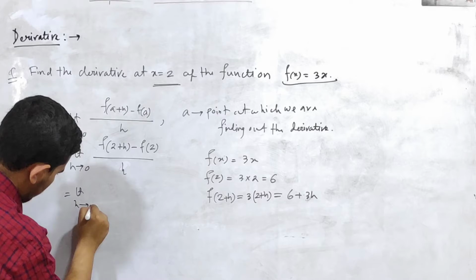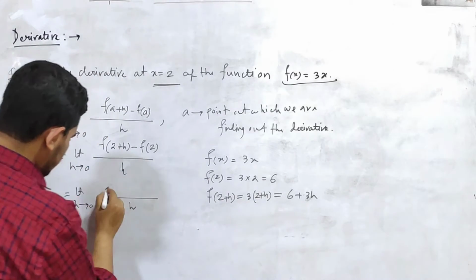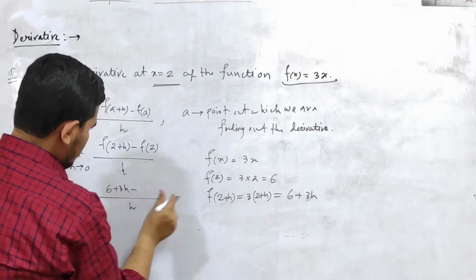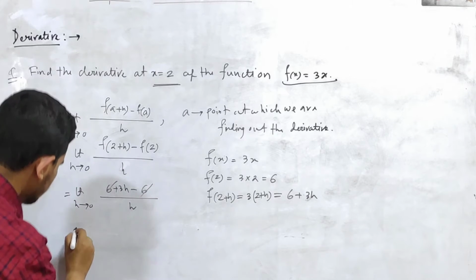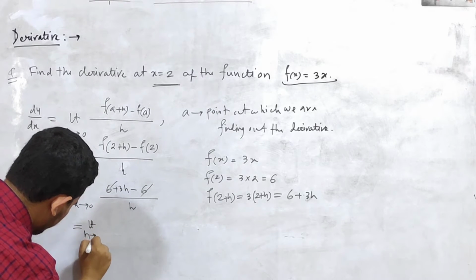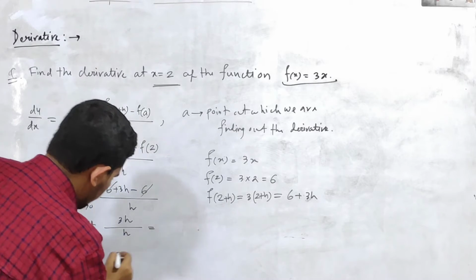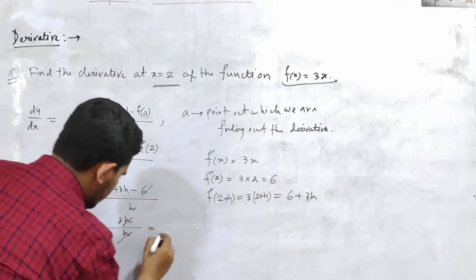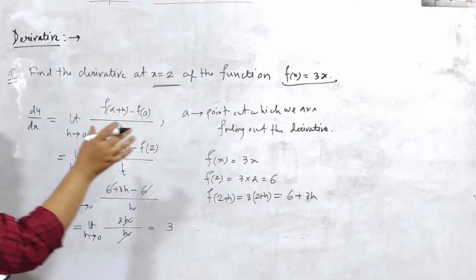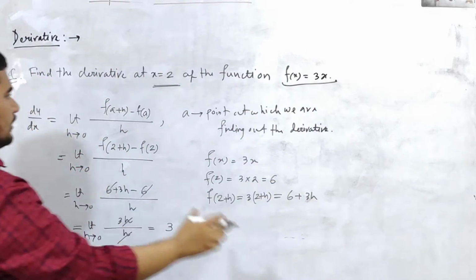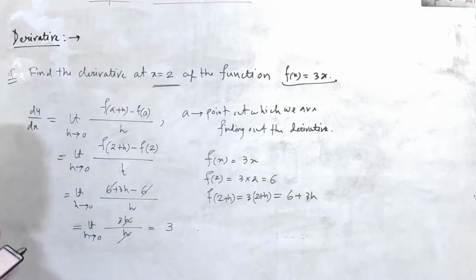So limit h tends to 0, f of 2 plus h equal to 6 plus 3h, and f of 2 equal to 6. So when I cancel 6 and 6, I get 3h and h. If I cancel h and h, then I have the value 3. So this is the derivative of f(x) equal to 3x at x equal to 2, and the value is 3.